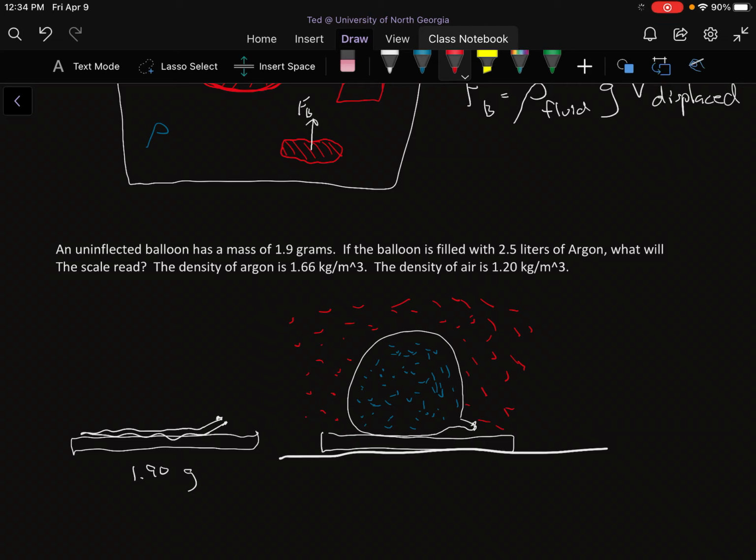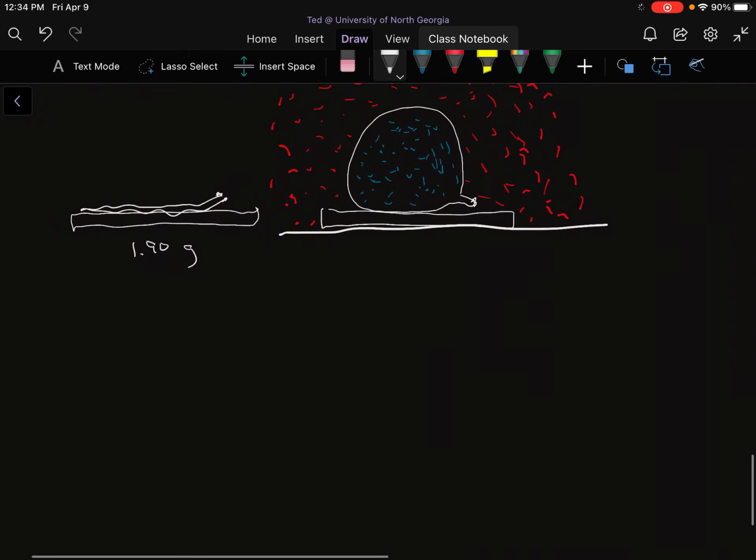But that still creates a buoyancy force, an upward force due to buoyancy. So let's think about all the different forces that are acting on that balloon. So there are actually 3 forces acting on the balloon. The first force that is hopefully pretty obvious is going to be the force of gravity pulling down on the balloon. The next force is this new force that we've just been talking about, the buoyancy force.